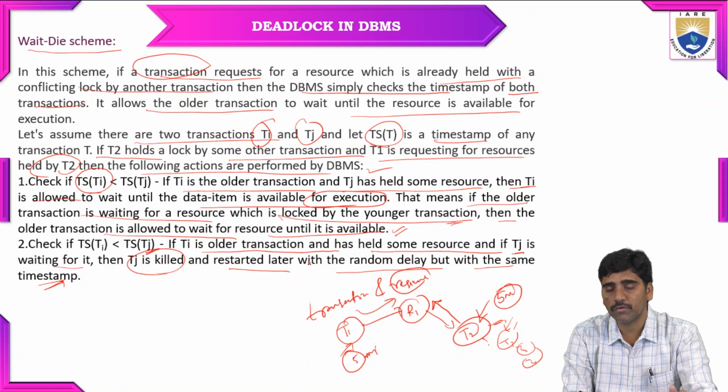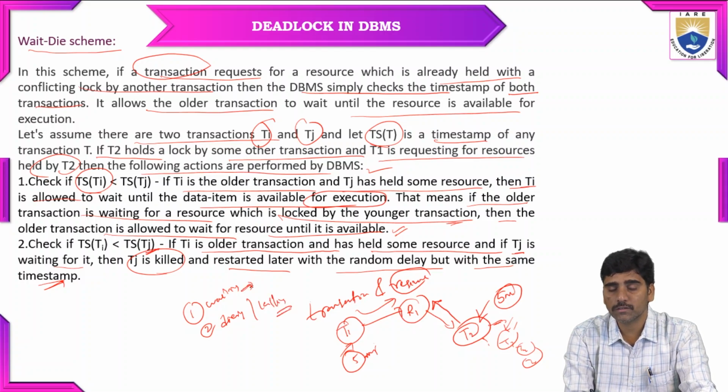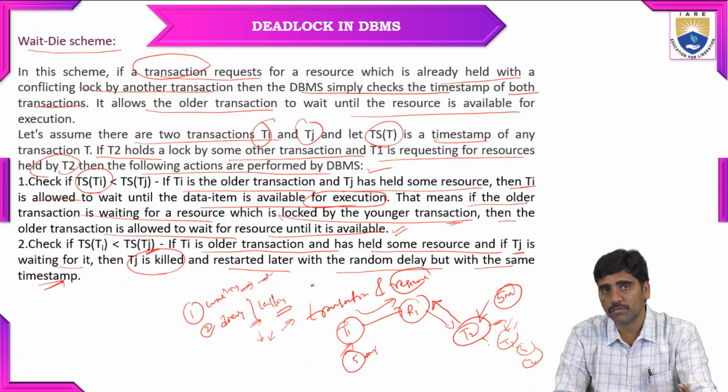So there are two mechanisms: one is the waiting state, and the second is the dying or killing state. So this is what we understand from this deadlock prevention mechanism, the wait-die scheme.